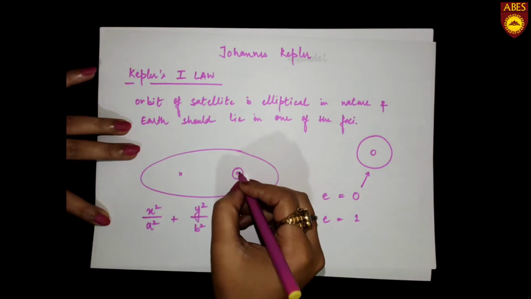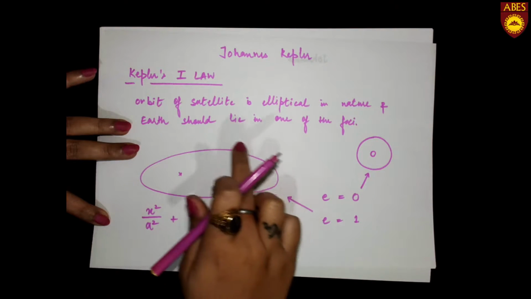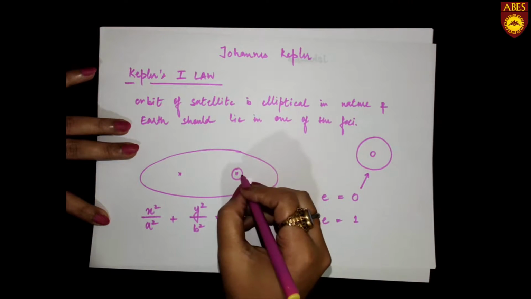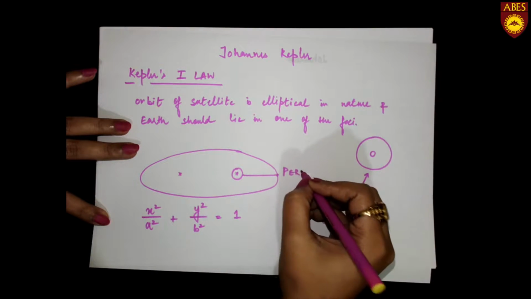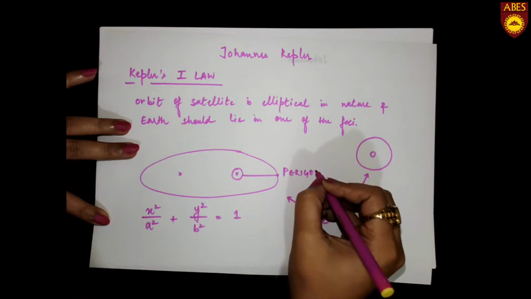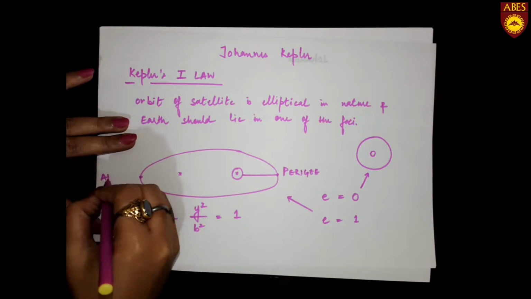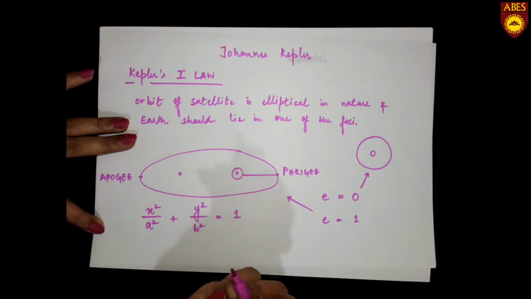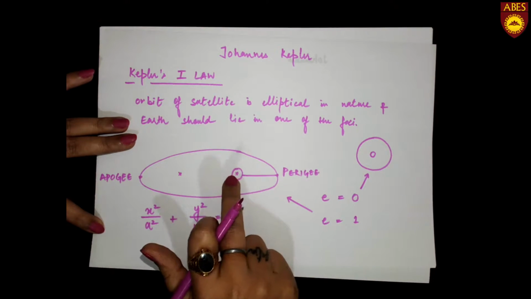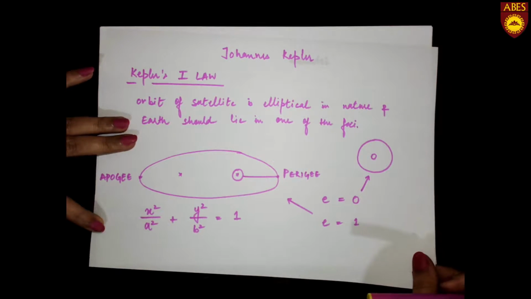Now, if this is Earth and this is the locus of the satellite, the nearest point is known as perigee and the farthest point is known as apogee. So the nearest point to the Earth is known as perigee and the farthest point is known as apogee.